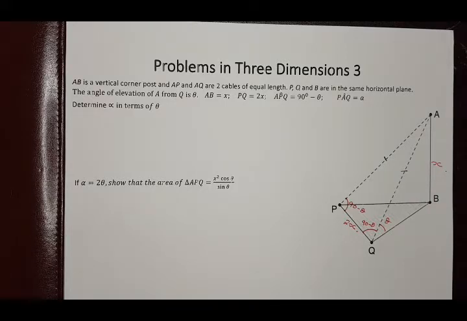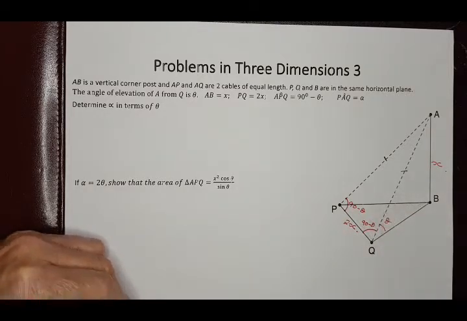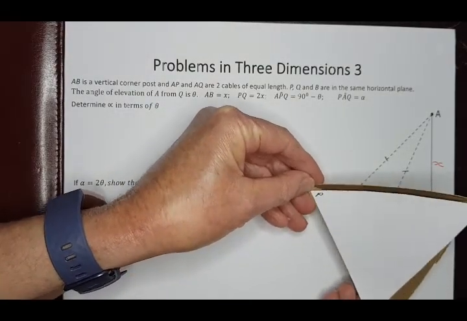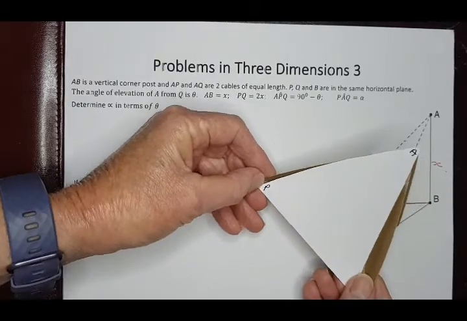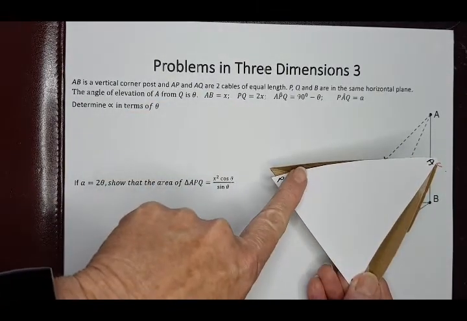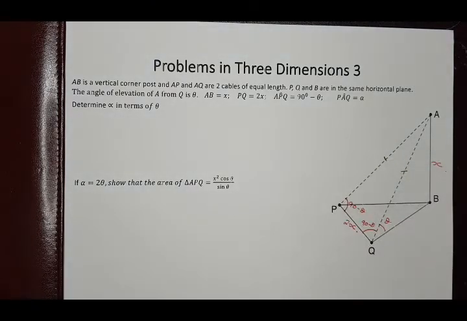Notice that this time round we are not dealing with our vertical or horizontal triangle. We are dealing with this triangle that's in that inclined plane. Angle A, they've told me, is alpha, and each of these two angles here is 90 minus theta.